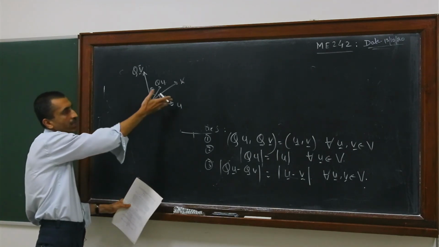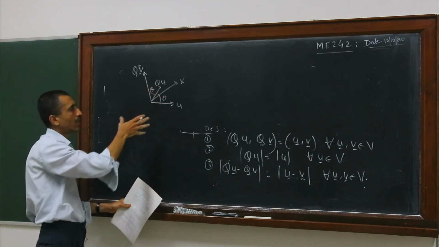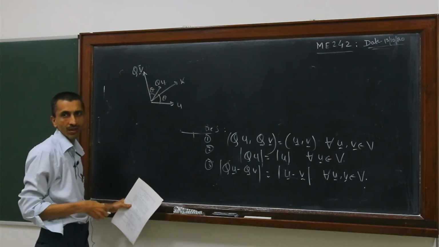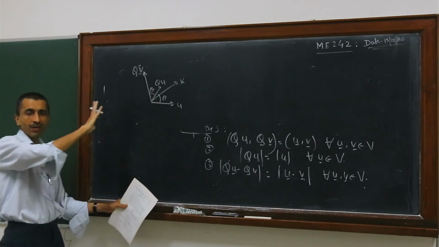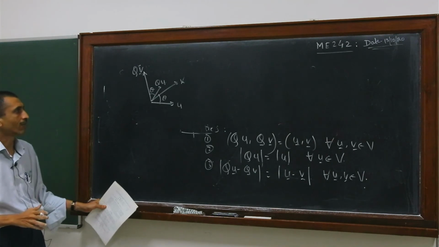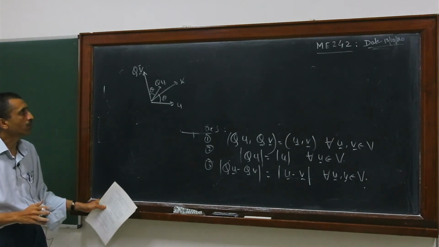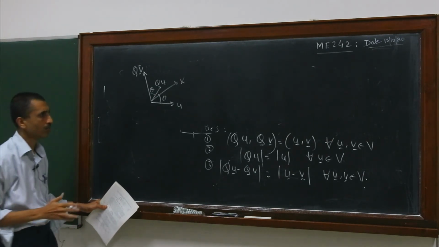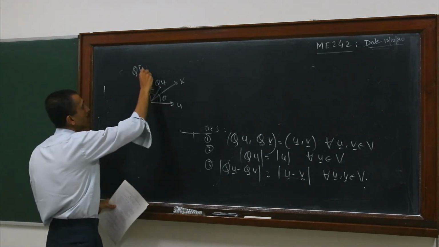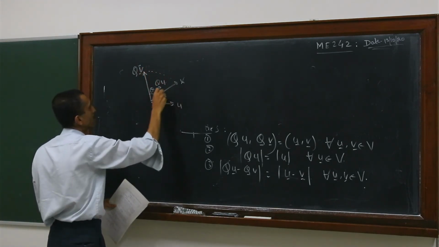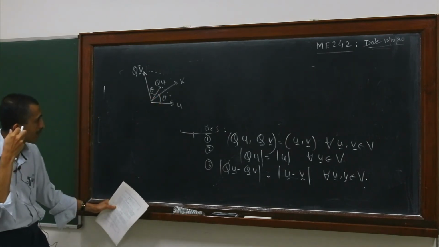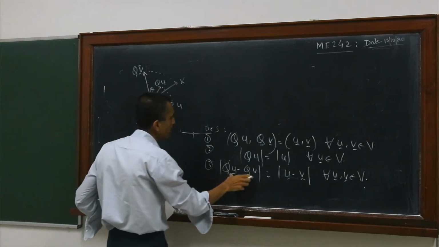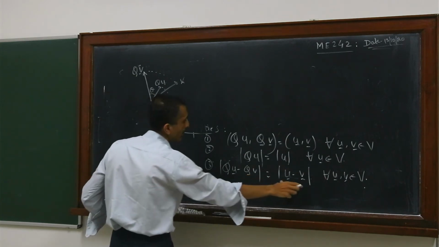It can rotate them even out of the plane, but it is very difficult to depict something being rotated outside the plane. So I am just showing vectors being rotated in one plane, but that need not always be the case. Here you can see that this magnitude is the same, this magnitude is the same, and the inner product is preserved. And similarly, QU minus QV has the same norm as U minus V.